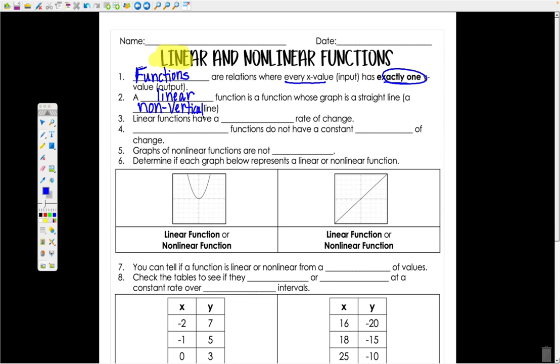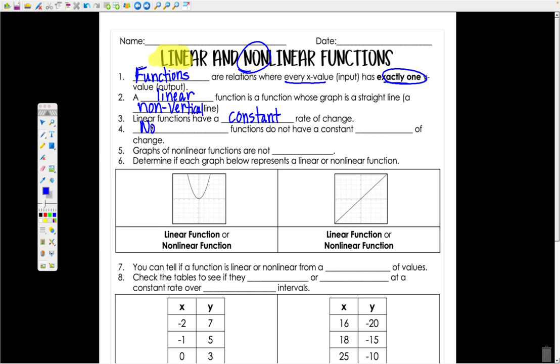But there's something else about linear functions. Linear functions are always going to have a constant rate of change. That is why we can do the rise over run, because it doesn't matter where you go on your graph. If you count up a certain number to the next placement and then do it again, it's always going to be the same thing. That is what we call a constant rate of change. However, if you notice the prefix in nonlinear, obviously that would mean not linear, right?